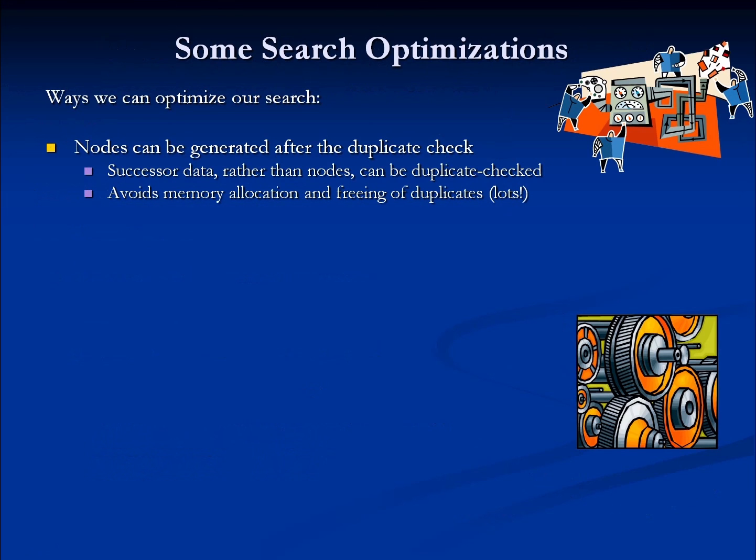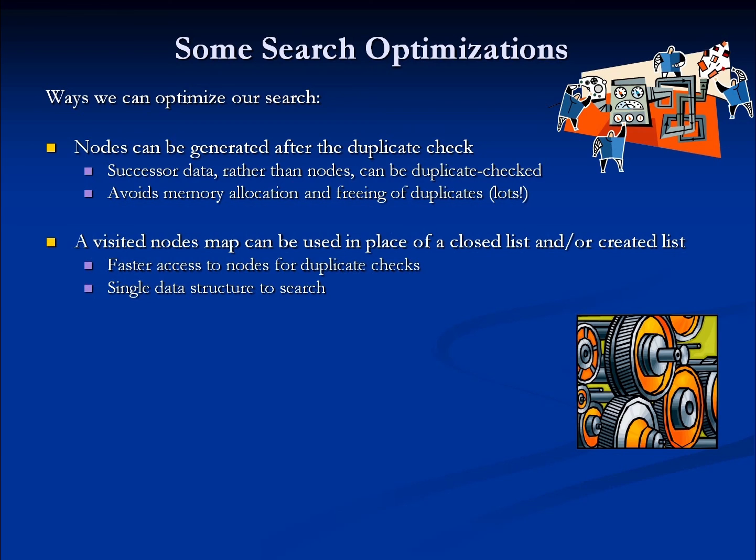You have to get rid of that memory. And allocating and freeing memory over and over again will cause memory fragmentation and other problems that usually result in cache misses. We'll also get much better results if we use a data structure built for random access, like a map or a dictionary type, to keep track of where we have visited. This will lead to much faster duplicate checks and allows us to search just a single data structure instead of multiple data structures.